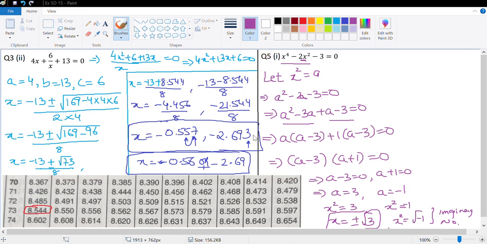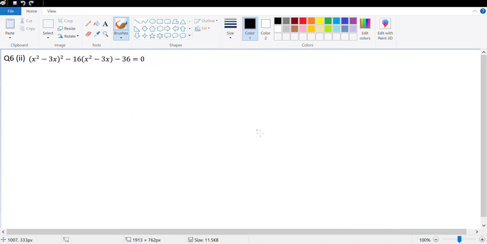The next one that we are doing is question number 6, part 2. So it says x square minus 3x whole square. Again, we can convert it into a quadratic by saying let x square minus 3x is equal to a. What we get is a square minus 16a minus 36 is equal to 0. I need to find factors of negative 36, the sum of which is negative 16: negative 18 and plus 2.